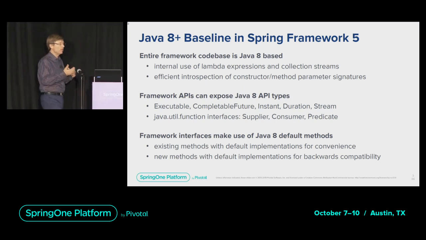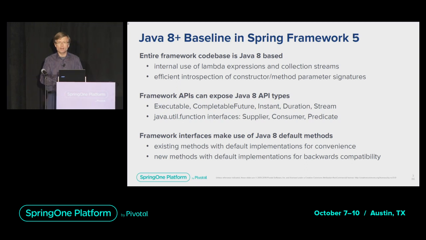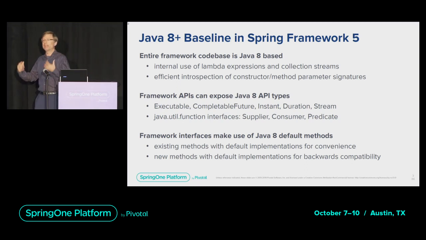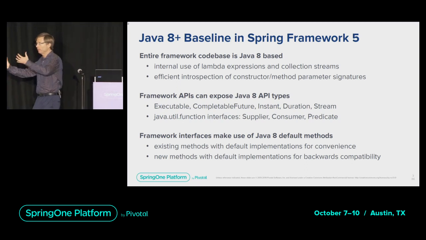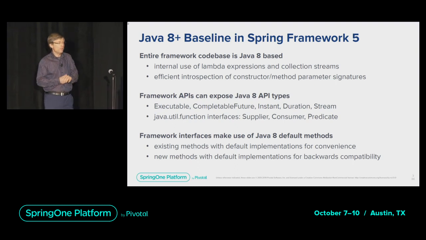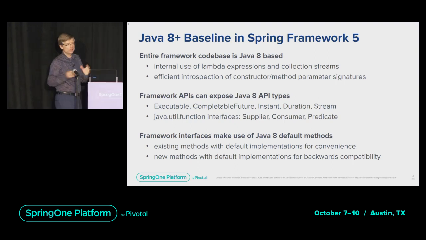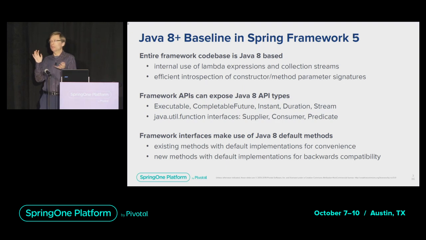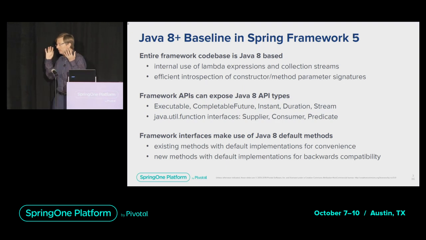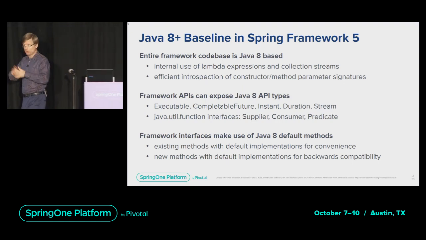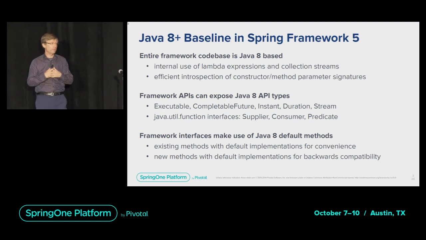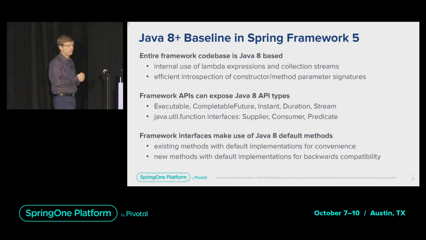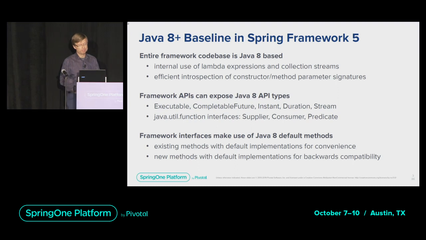So if you were using Spring Framework 4.3, it might already have felt like a Java 8 oriented framework to you, but it actually wasn't Java 8 based. It was adapting to Java 8 API types, to Java 8 language use in your code, but internally in our code base, we couldn't make use of any Java 8 constructs. We just had optional Java 8 support everywhere.